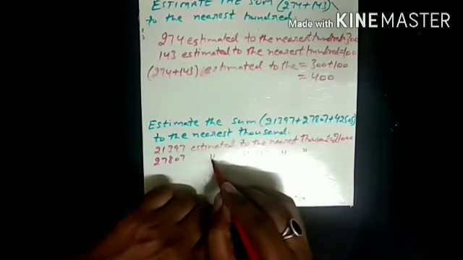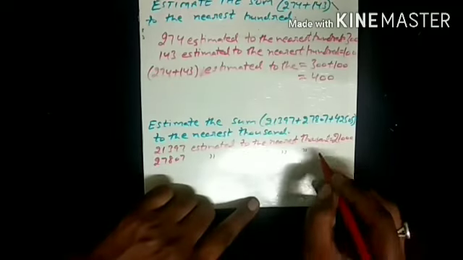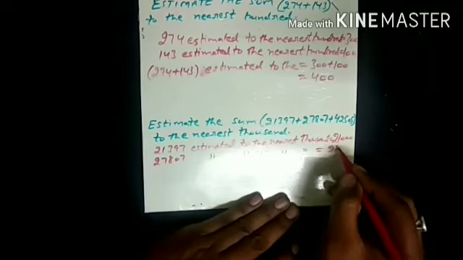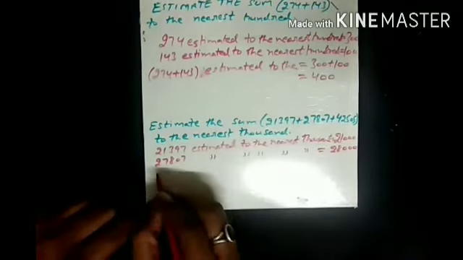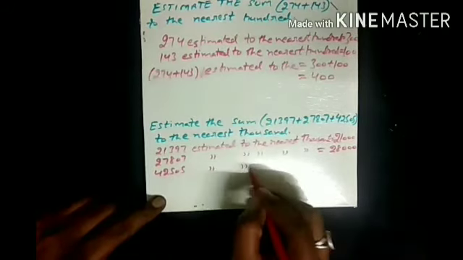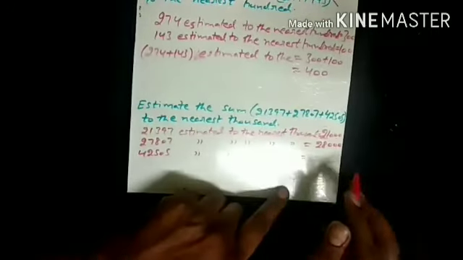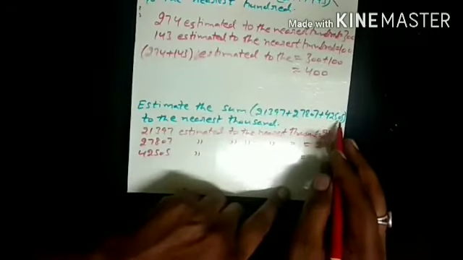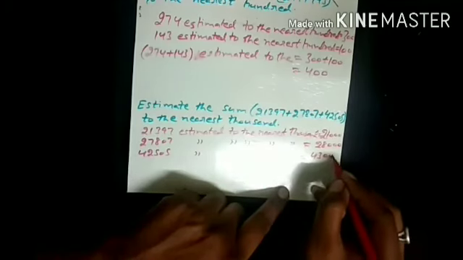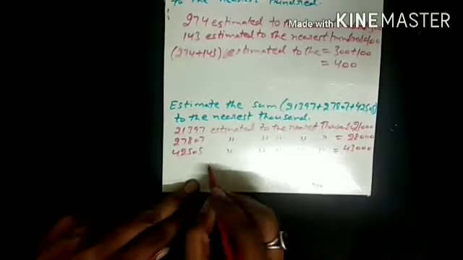You can mark the symbol in place of writing the complete sentence again. So my answer will be 28,000. Now 42,505 estimated to the nearest 1000 is 43,000.